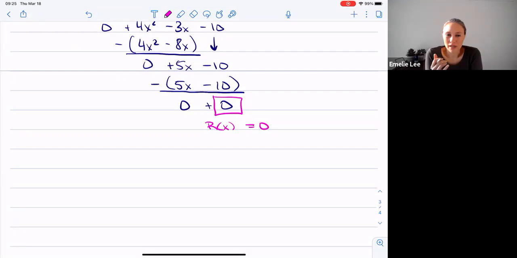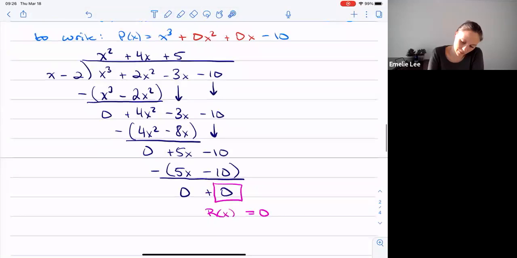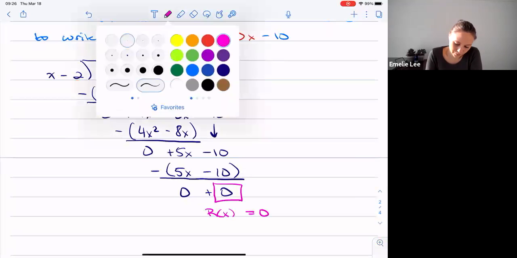So here's where I'm going to outline the remainder theorem as well as the factor theorem. By the remainder theorem, remember, if I'm dividing by x minus 2, then the remainder theorem says that whatever the remainder is, it's the polynomial evaluated at 2.